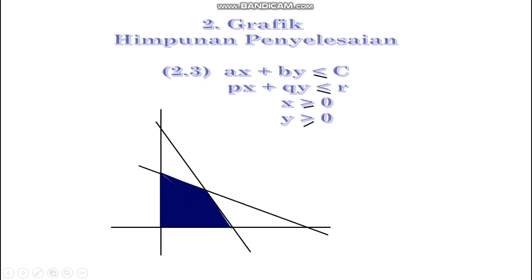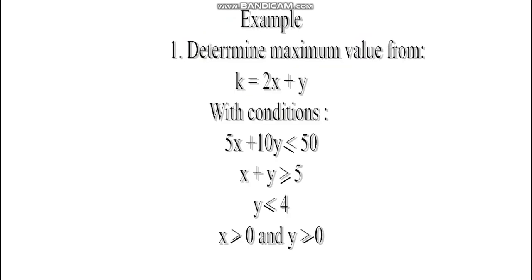Like this. This is a solution area. So to get the desired maximum or minimum value, you can substitute the corner points into the objective function.